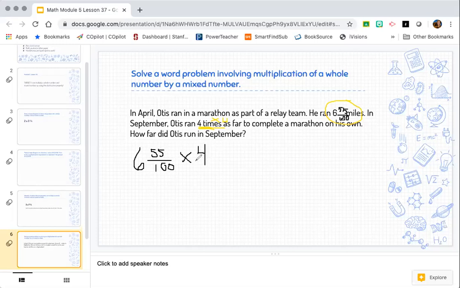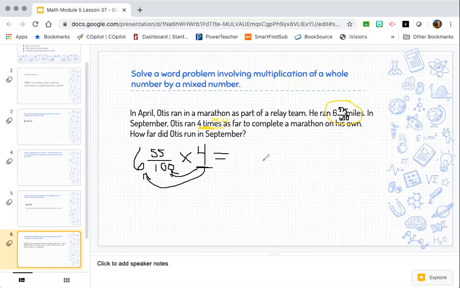If you want to do a tape diagram, you can, or I would just use the distributive property. So we need to take our whole number, which in this part is the 4, and distribute it to the 6, multiply it to the 6, and then multiply it to the fraction.